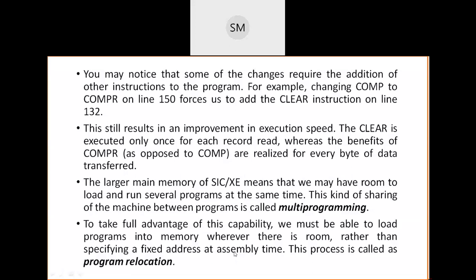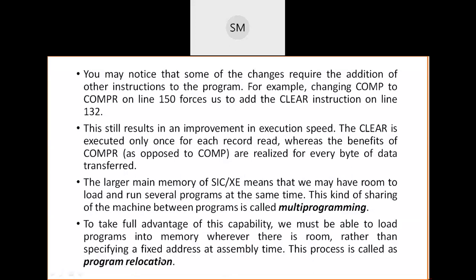Instead of fixing the address like this, wherever free memory is available, we can load or store the program. This process is called program relocation.